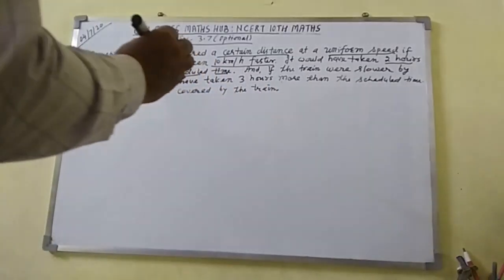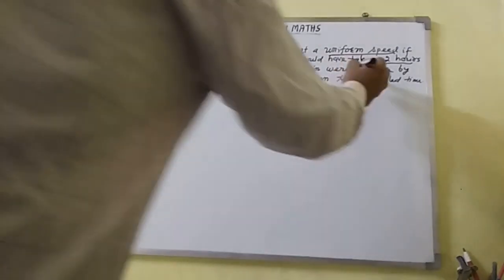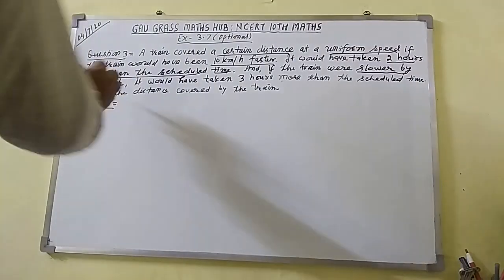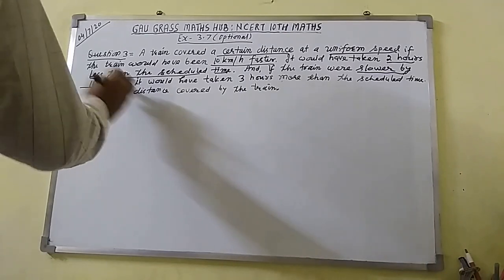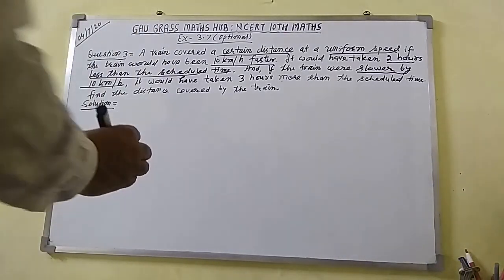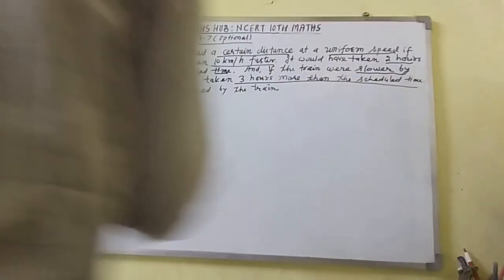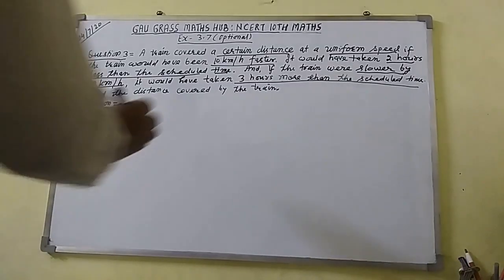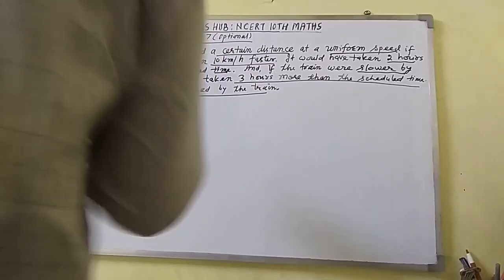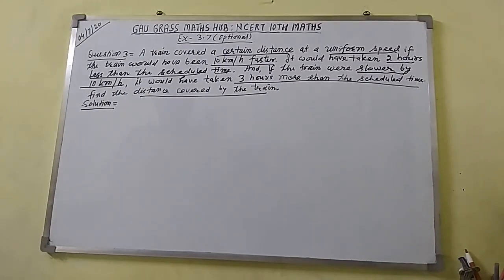If the train were slower by 10 km per hour, it would have taken 3 hours more than the scheduled time. Find the distance covered by the train. Now, what you have to do? You have to find out the distance covered by the train.